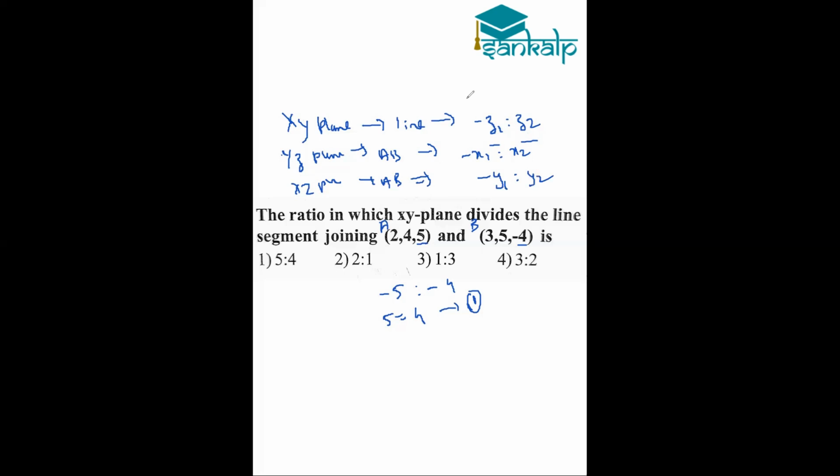This is a note point. You need to remember this. Directly you can write down the ratio, no need of calculating, or you can make use of the section formula and simplify. You will get the answer. So 5 is to 4 is the right option.